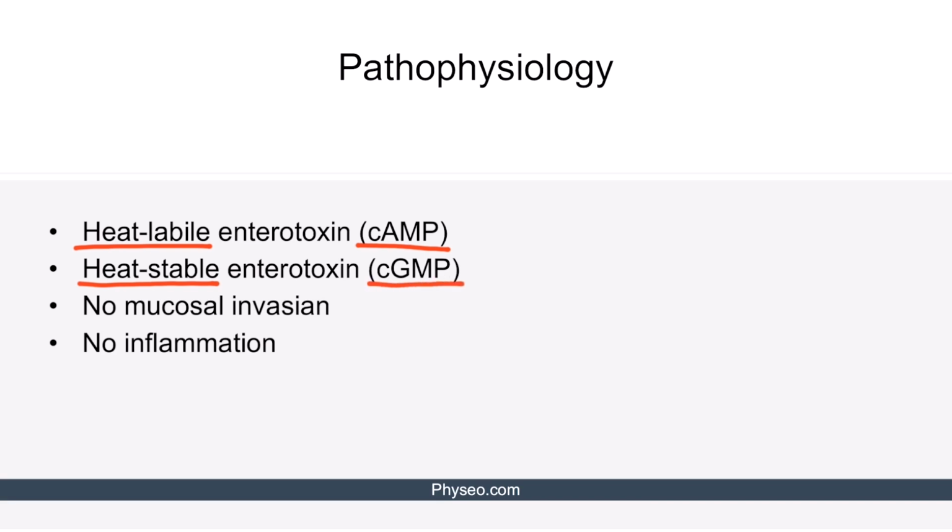Increased cyclic GMP inhibits sodium chloride and water reabsorption from the lumen into the enterocytes, and that's what contributes to diarrhea with that toxin. An important distinguishing feature of ETEC from the other species of E. coli is that ETEC does not invade gastrointestinal mucosa.